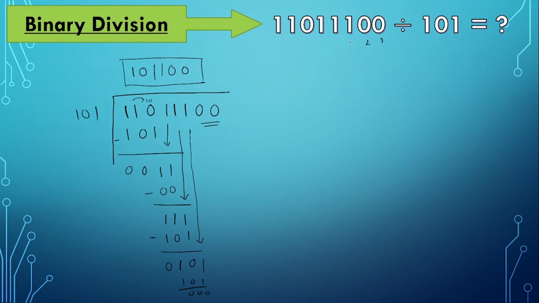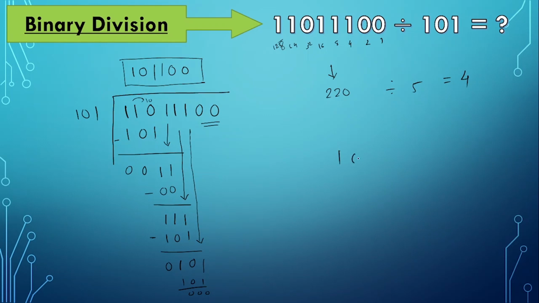So 1 2 4 8 16 32 64 and 128. So our first number is nothing but 128 plus 64 plus 16 plus 8 plus 4, which is 220, and this 101, obviously it is 5, so 220 divided by 5 is 44.